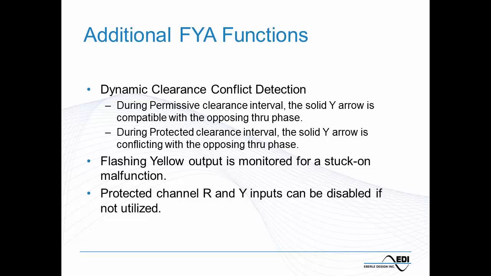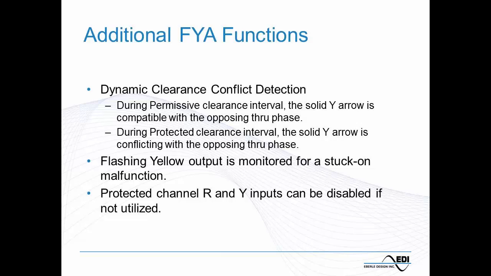Now this is something that happens automatically in the MMU. I don't think a technician normally will see the effect of this, but with one possible exception. If we are clearing the protected turn and we're in solid yellow and we have a conflict because of a hardware malfunction or even a controller malfunction, we have the possibility of detecting a conflict between two channels that are normally permissive.